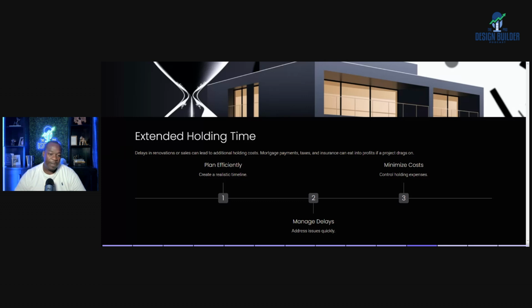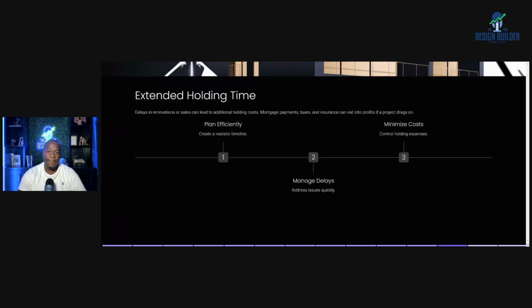So plan efficiently, create a realistic timeline. Always plan for 4 to 6 months, so you're safe on your deliverable. Manage delays, address issues quickly. You want to move through the project as quickly as possible and minimize holding expenses. Getting out of the property in the time frame that you hope for is your best bet.